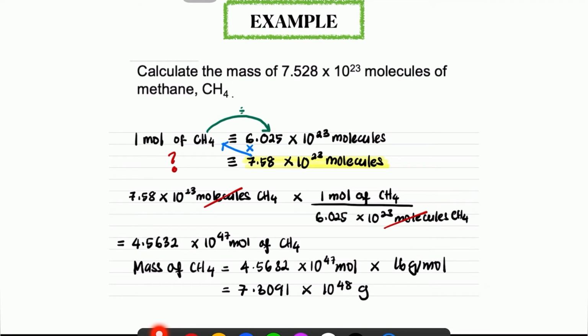Then you will get the moles of CH4. After you get the moles of CH4, you can calculate the mass of CH4, which is moles times the molar mass of CH4. Carbon is 12 and hydrogen is 1, and there are 4 hydrogens, so the total is 16 grams per mole. So this is the mass of CH4 for the 7.528 times 10 to the power 23 molecules.